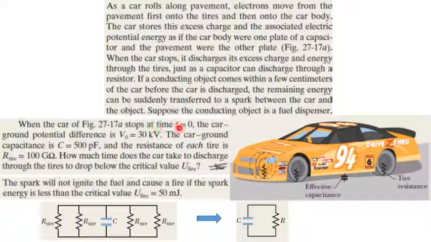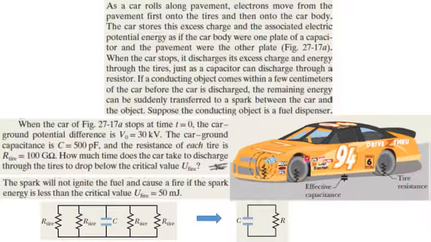So when the car stopped at time t equals 0, the car-ground potential was about 30 kilovolts, 30,000 volts. The car-ground capacitance was 500 picofarad.